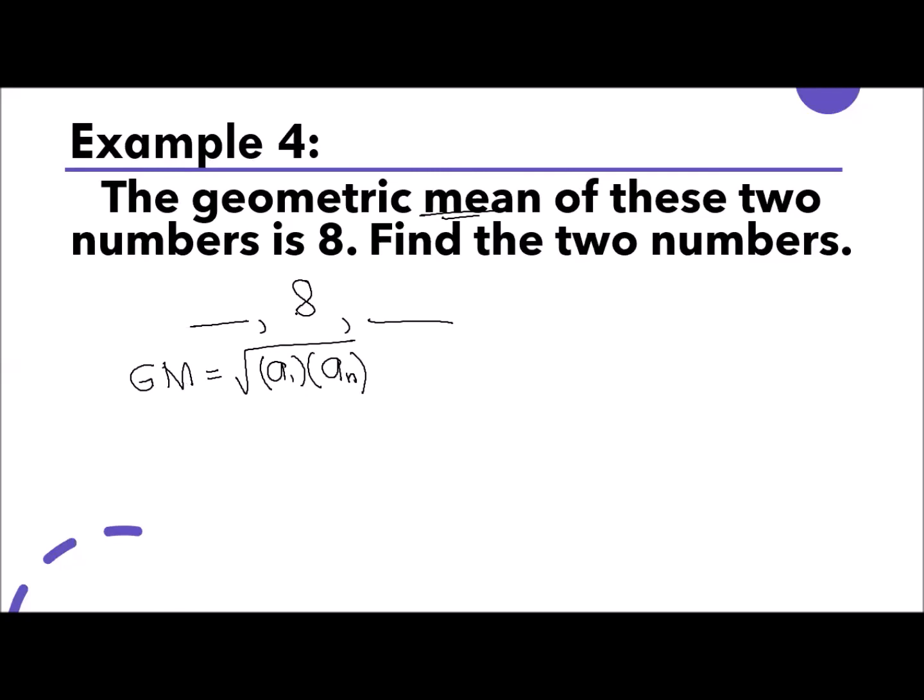Okay? So, yung geometric mean natin ay 8 is equal to the square root of a sub 1 times a sub n. Okay? Ngayon, kailangan mawala si square root. Diba? So, that is raised to 1/2, diba? O kaya square. So, ibig sabihin, we need to square both sides.